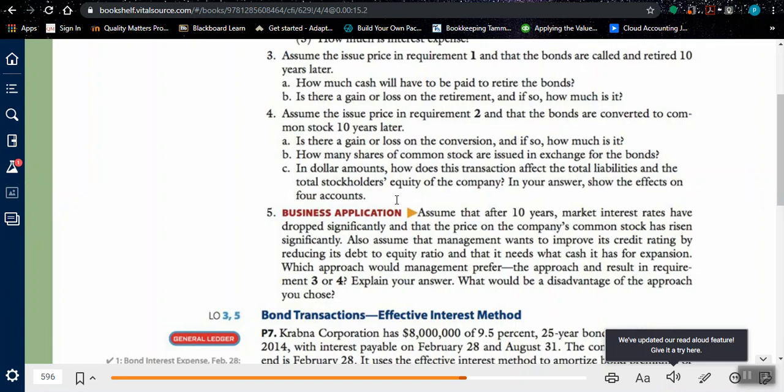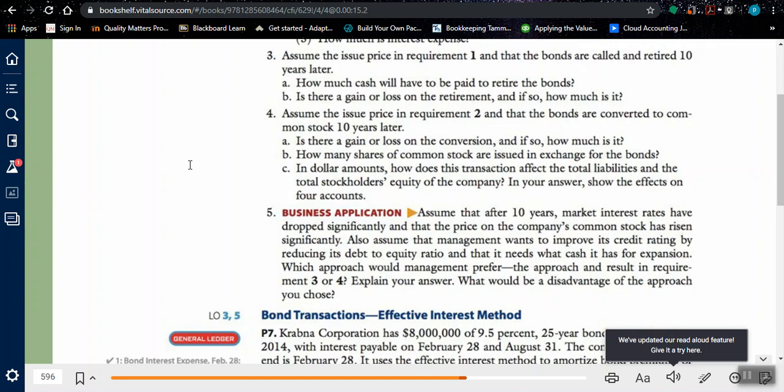So they turn from a liability to an equity, which is the stock. So what do we do here? So A asks us, is there a gain or loss on the conversion? If so, how much? So there is no gain and there's no loss when you have a bond conversion. Why? Because the issued stock is recorded at the carrying value of the bonds that are converted.